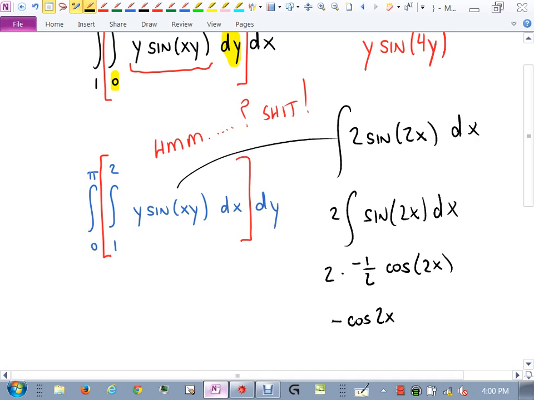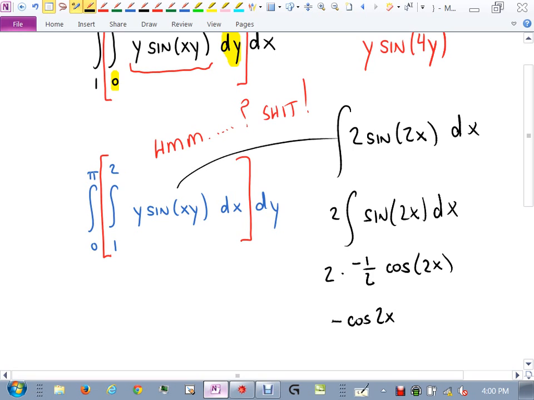Now, back here, I can ignore the y. I know that the antiderivative of sine of something is negative cosine, but then I'm going to have to scale by what? 1 over y, because the y is like the 2 up there, right?